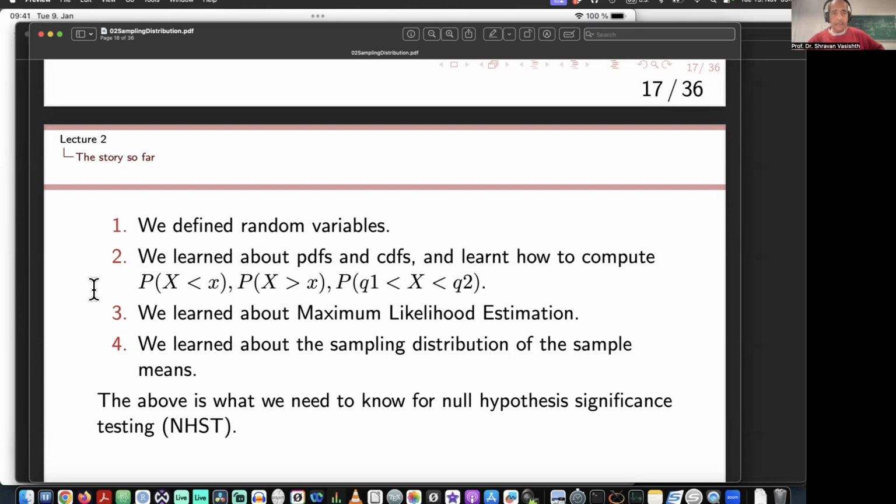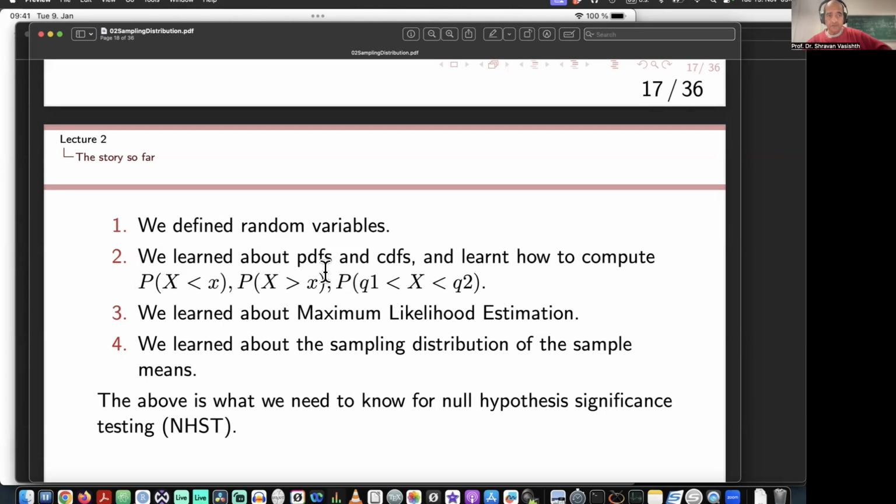Also, one important thing we learned about distributions was how to compute the area under the curve: the probability of x being less than some value, or larger than some value, or the probability in a particular probability density function of landing between two quantiles, Q1 and Q2.